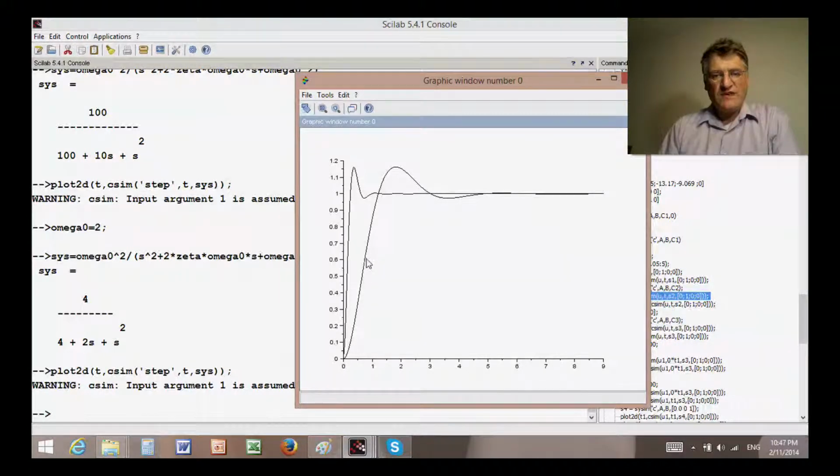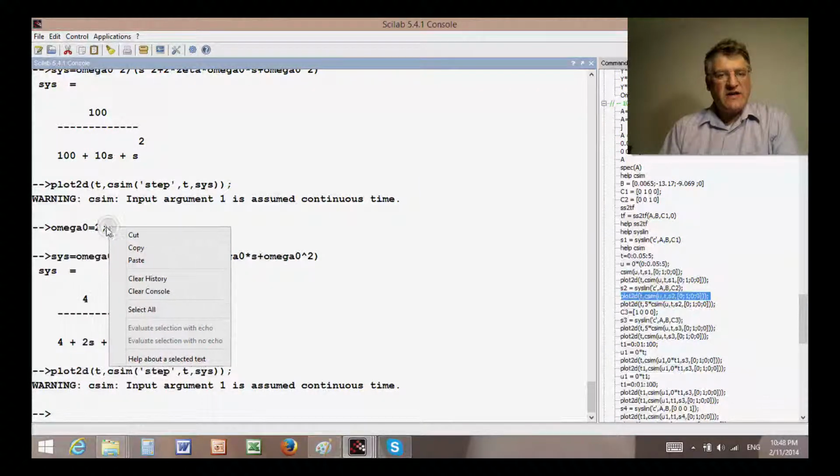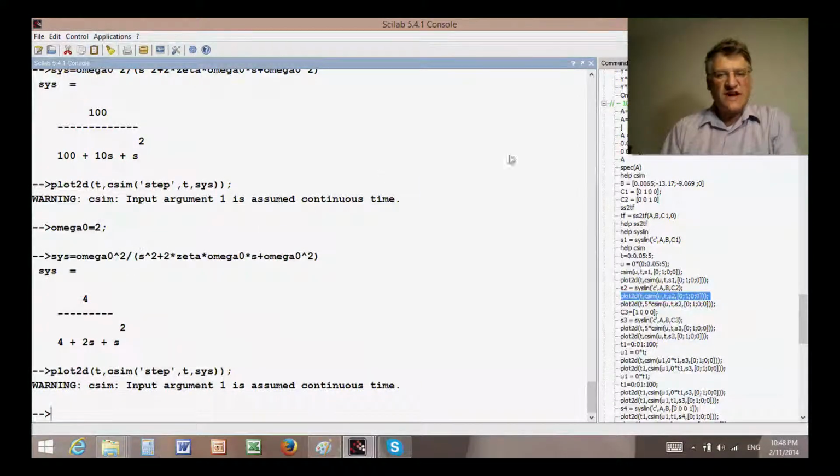So what that means is that, for example, if we are to shape a response in terms of how fast it rises, but we don't want to change the overall shape of the response in terms of overshoot, the overshoot is the distance between here and there, expressed as a percentage of 1, then we can simply change omega 0 and be content with that.